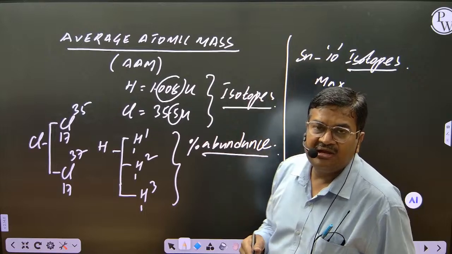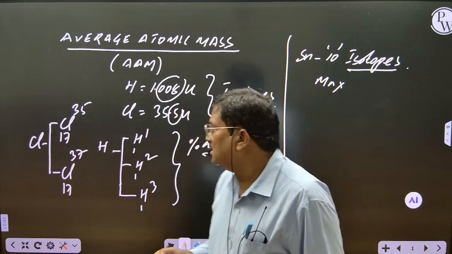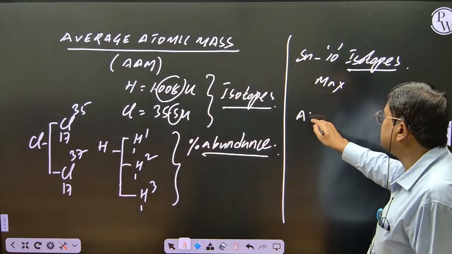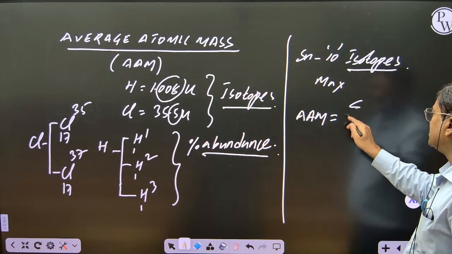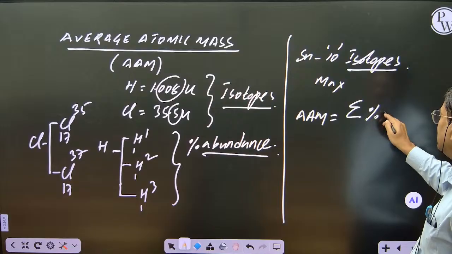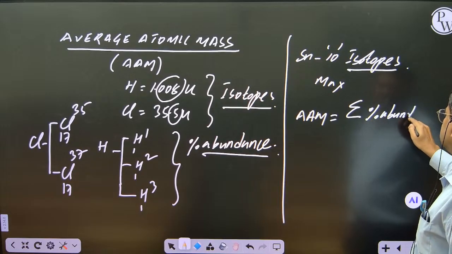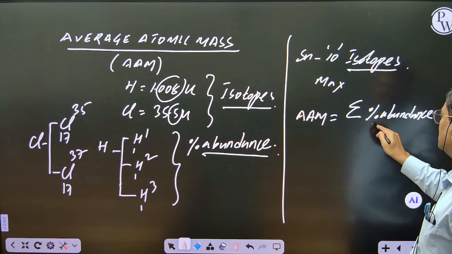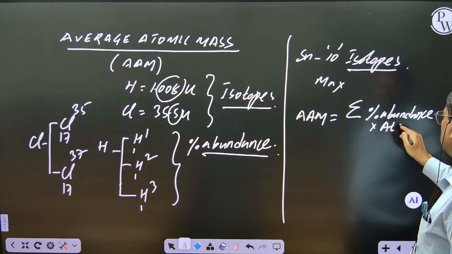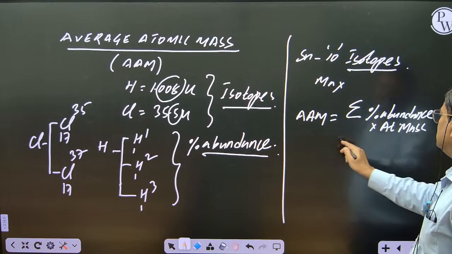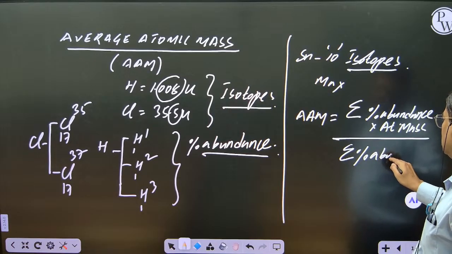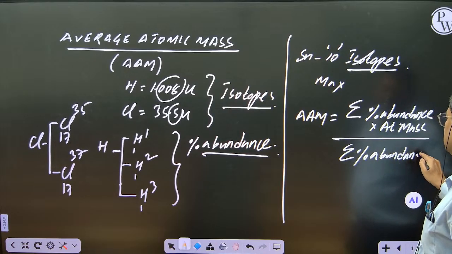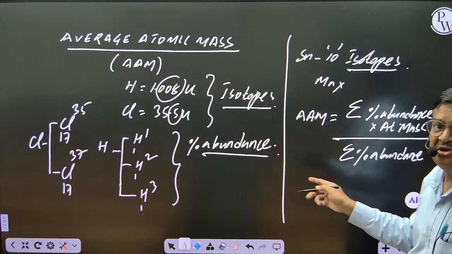Then how do we get average atomic mass? Yesterday we discussed, for those who were in the last class, that it is the summation of percentage abundance into atomic mass, upon the summation of percentage abundance. Once again I am continuing for continuity.